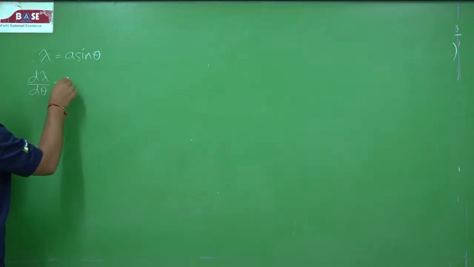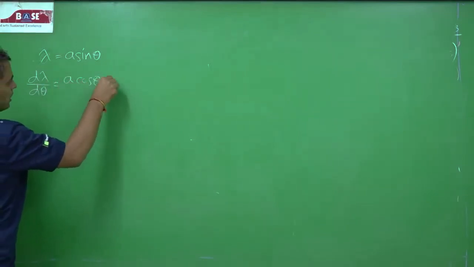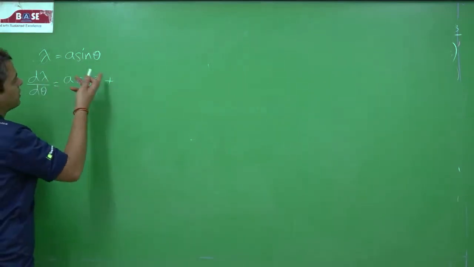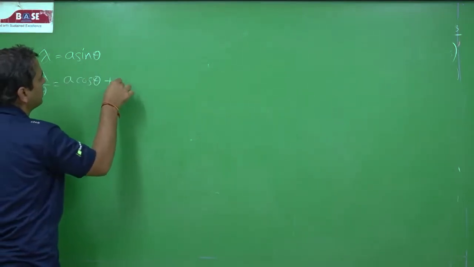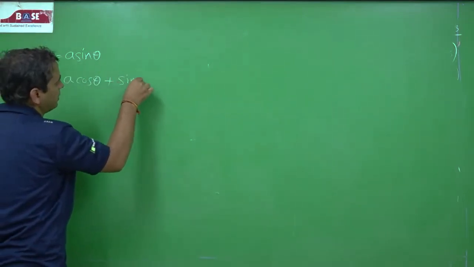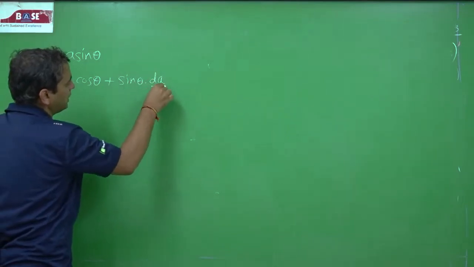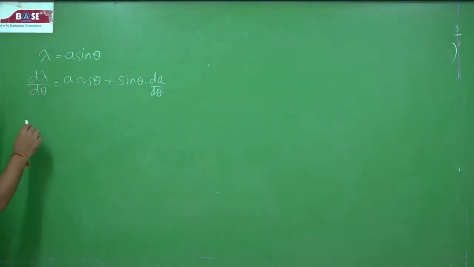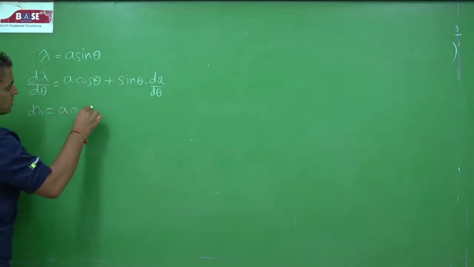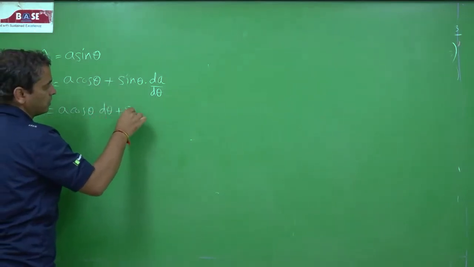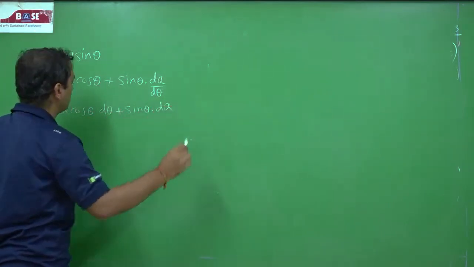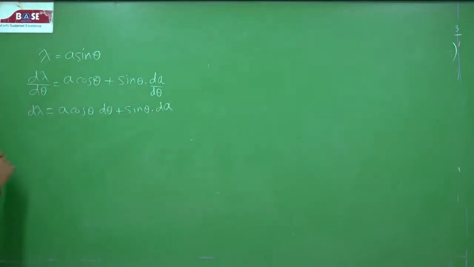Differentiation of the right side with respect to theta: a cos theta, plus sine theta remains as it is, into dA by d theta. So we get an expression for d lambda, the error in measurement of wavelength: a cos theta d theta plus sine theta times dA.